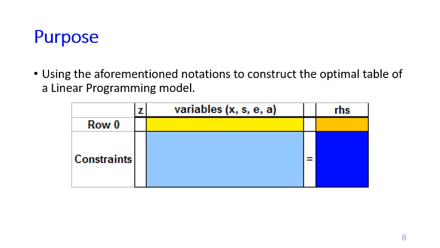We are going to discuss the construction of the table in 4 parts: the construction of the constraint part in the variable side, the construction of the constraint part in the right-hand side, and then the construction of row 0 in the variable side, and then the construction of row 0 in the right-hand side part. Okay, we are going to do that in the next two videos.